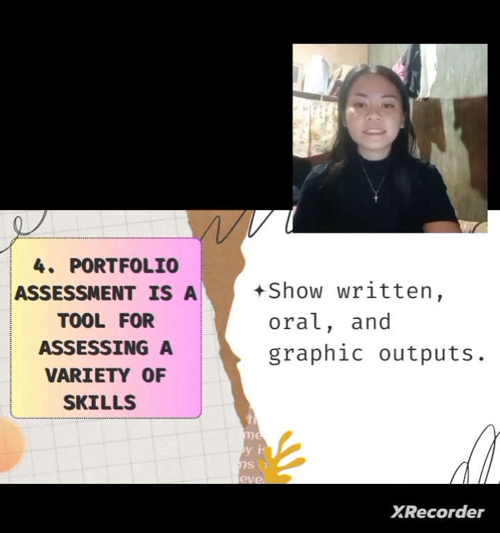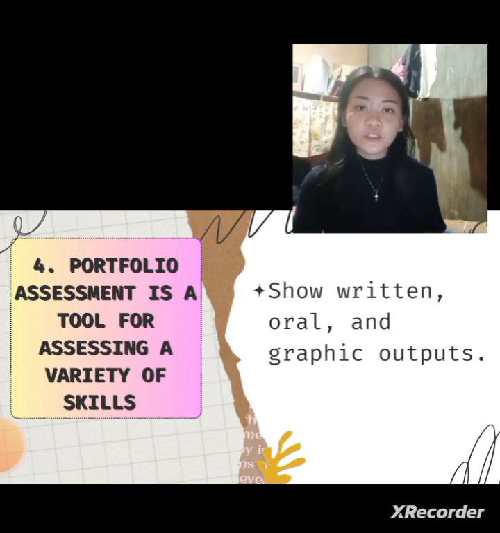Next, portfolio assessment is a tool for assessing a variety of skills. When we say a variety of skills, it refers to the distinct skills of one's learners. It assesses skills not normally testable in a single setting of traditional testing.